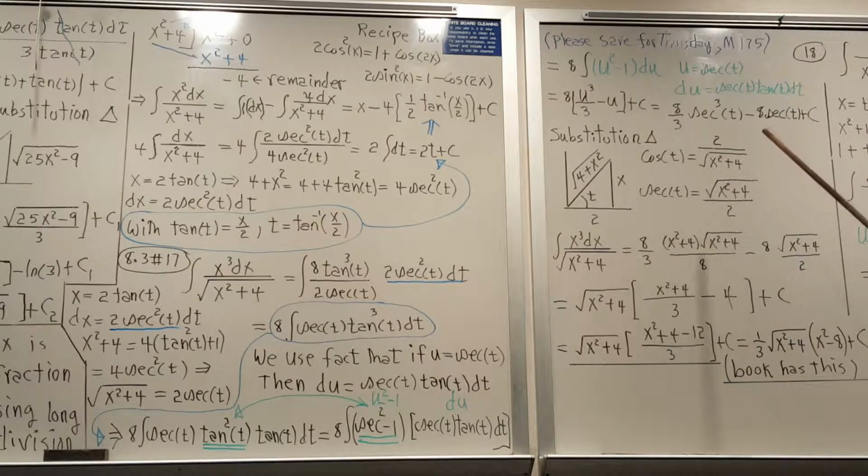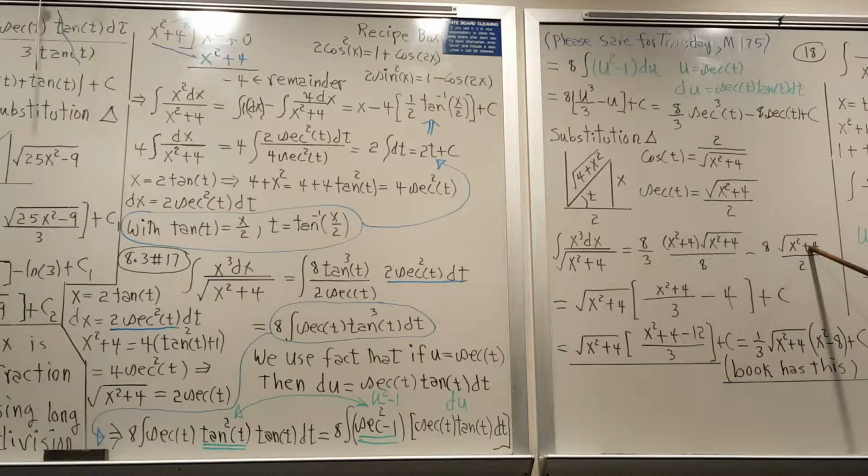So I can factor my 8/3 and write my secant cubed as secant square and secant. So here's my secant. And then I can write my secant over here.